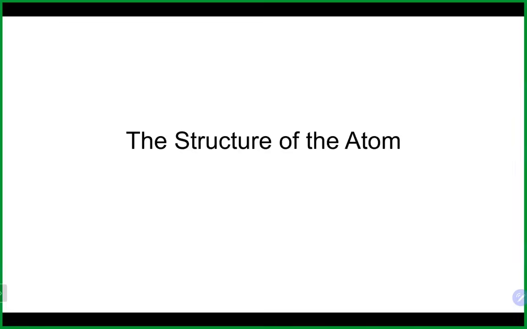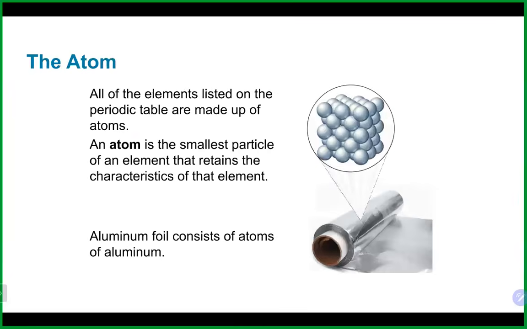All right, so let's talk a little about the structure of the atom. We're going to talk a little bit about the atom and some of the experiments, not in great detail, that led to the understanding of the atom. The atom basically is the smallest representation of each of the elements, as I mentioned. Atoms contain protons, neutrons, and electrons.